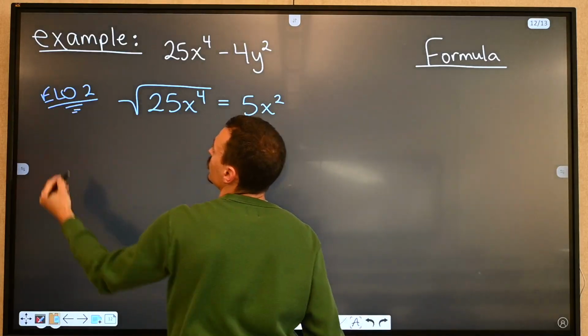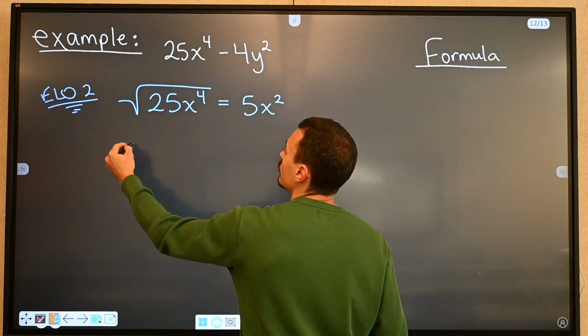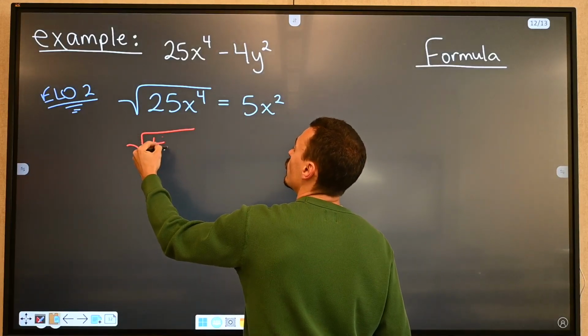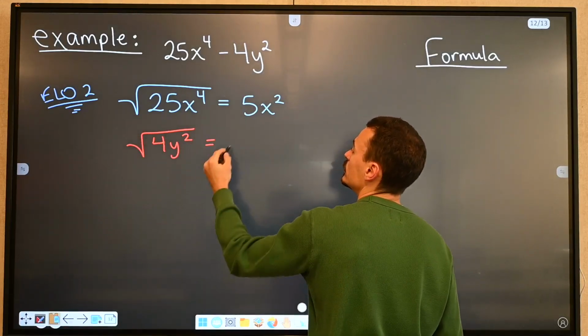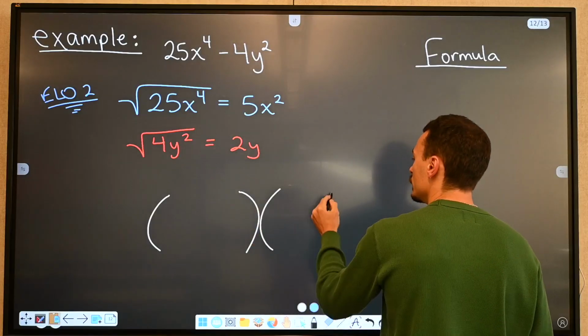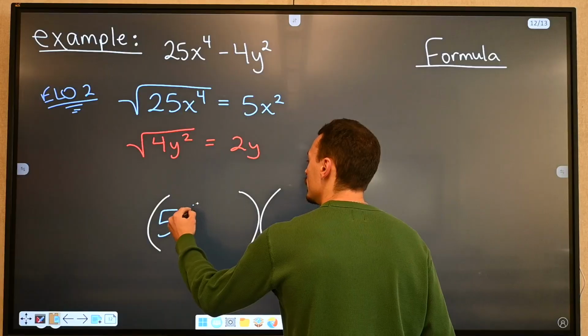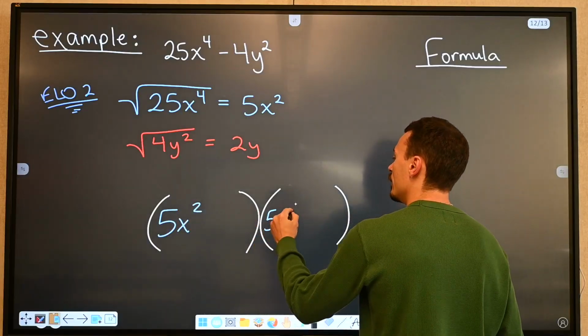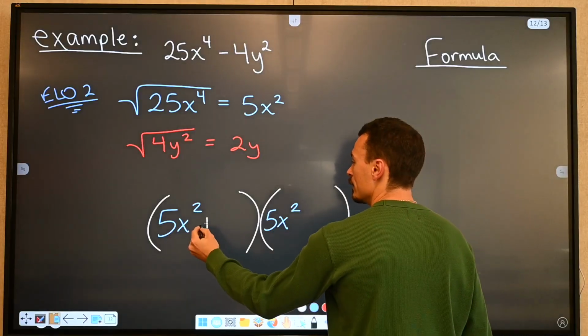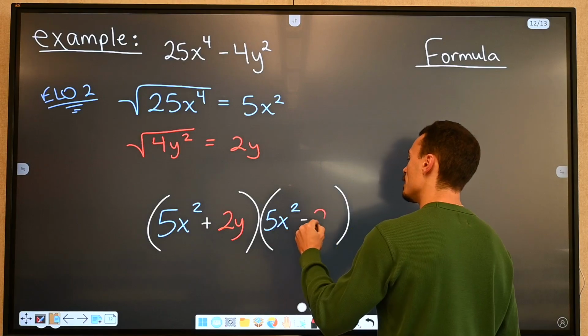And then here we have the square root of 4y squared, which is equal to 2y. So our final answer would be 5x squared, our first term, plus minus 2y.